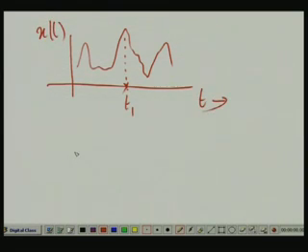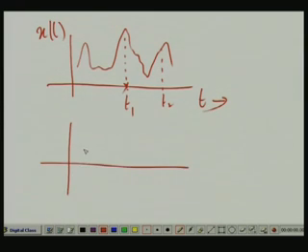I have taken continuous functions of time. At t1 you get some value this time, and maybe at t2 you get some value, but next time when you observe the waveform, maybe at t1 you get only this much, and here you get negative. Next time maybe at t2 you get a very high value, and like that.